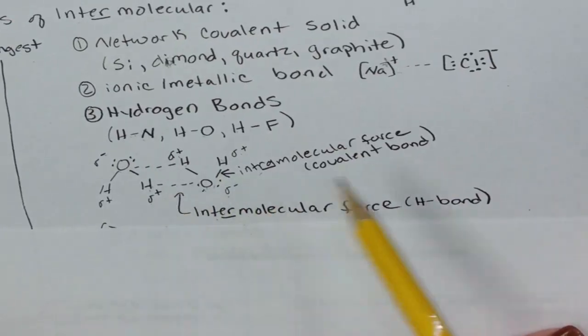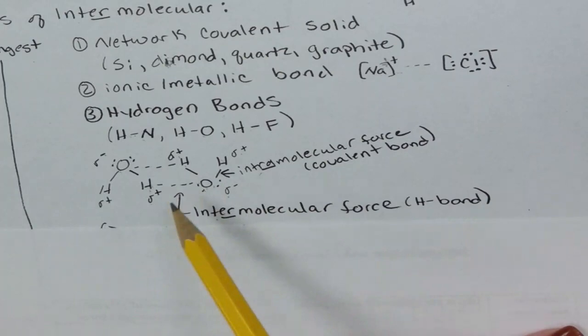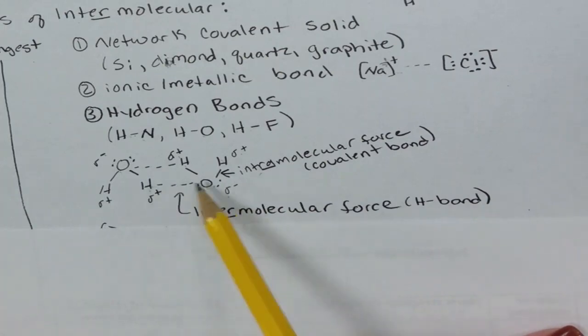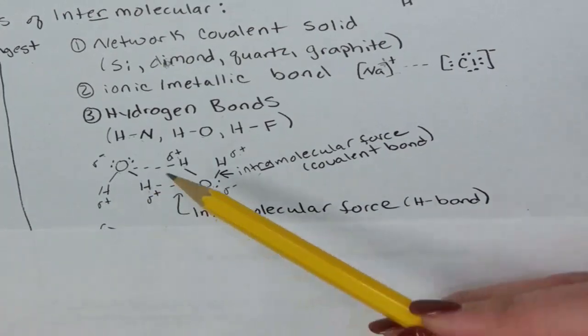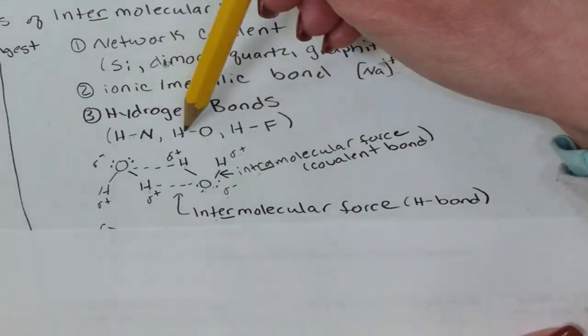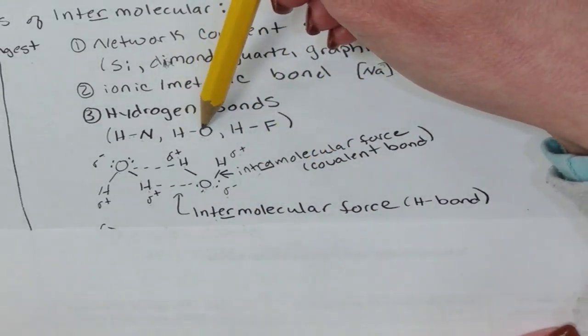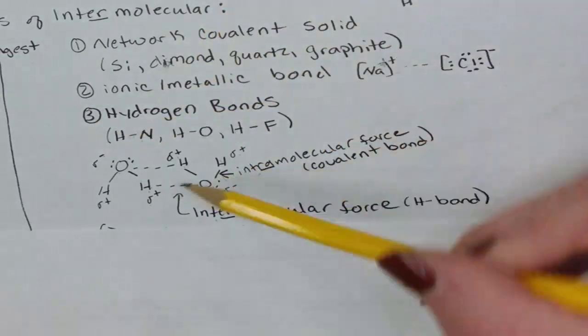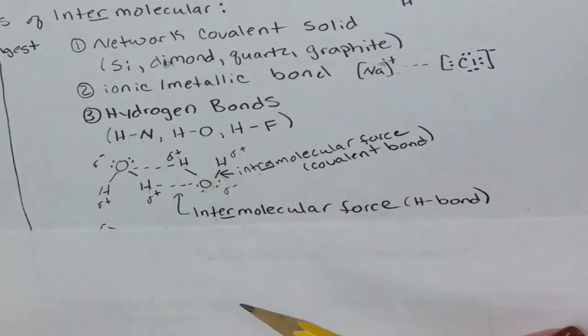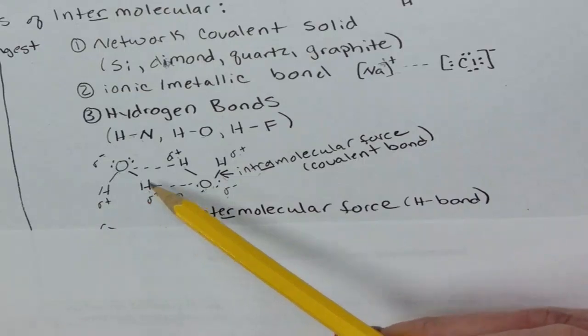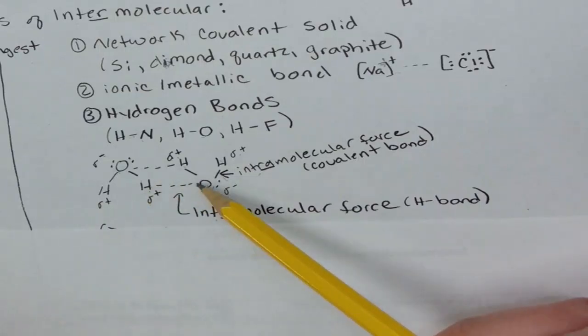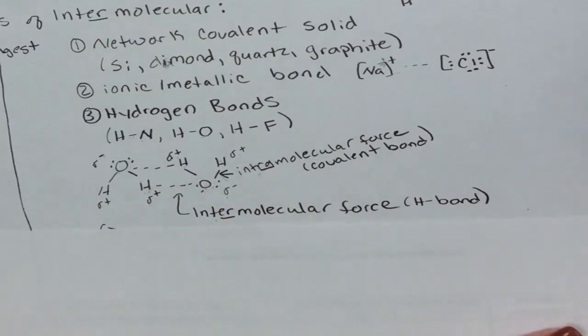It's occurring between two species, but it may not be different because in this case, these are both water. So the hydrogen bond is not the hydrogen that is bound to the oxygen. That is an intramolecular force. The hydrogen bond is the attraction between the hydrogen of one substance and the oxygen of another.